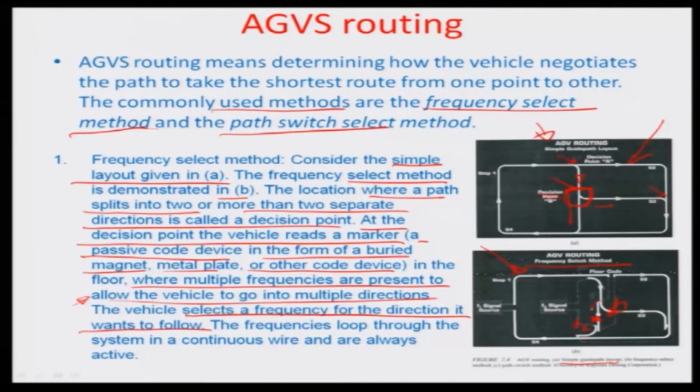The scanner at this position would try to select between this path and this path, by looking at the differential frequencies and matching with its database in the programmed path which frequency it needs to select for going into the correct path. That is how you do the frequency select method.